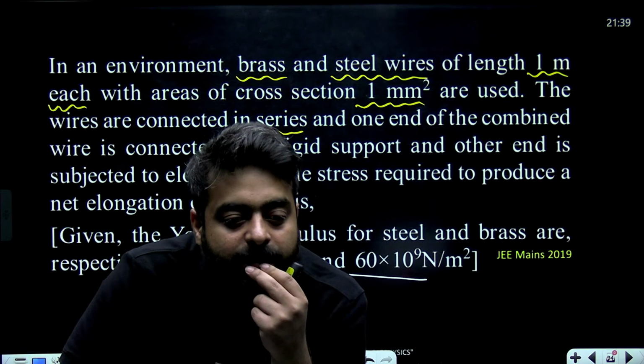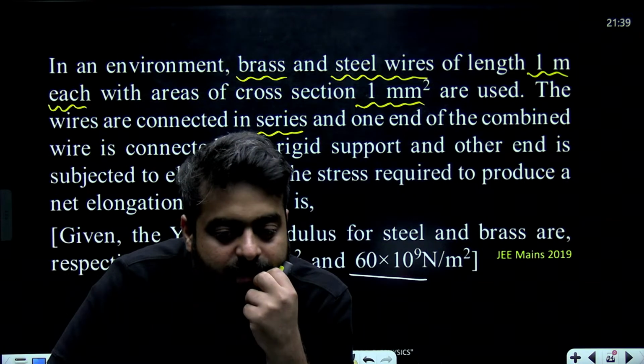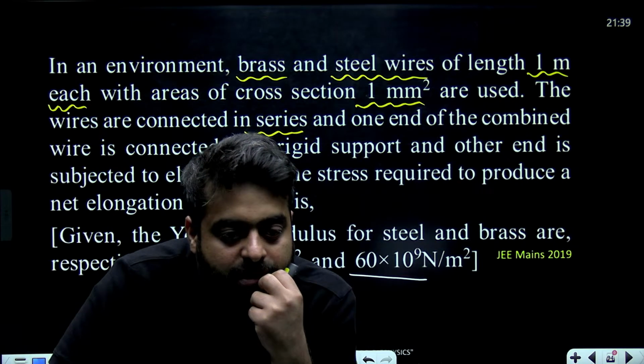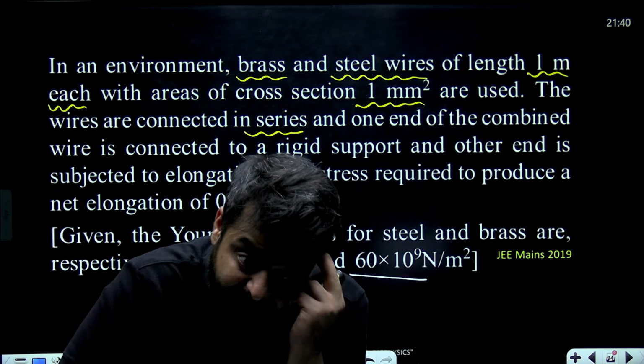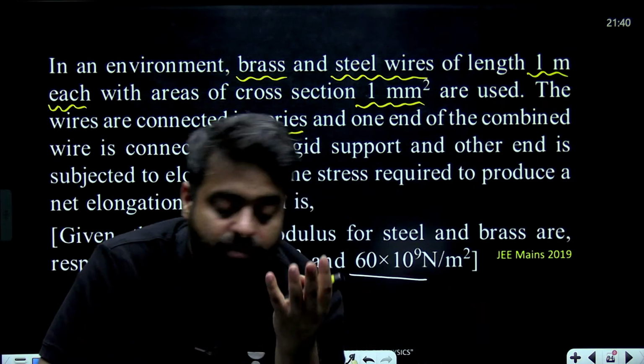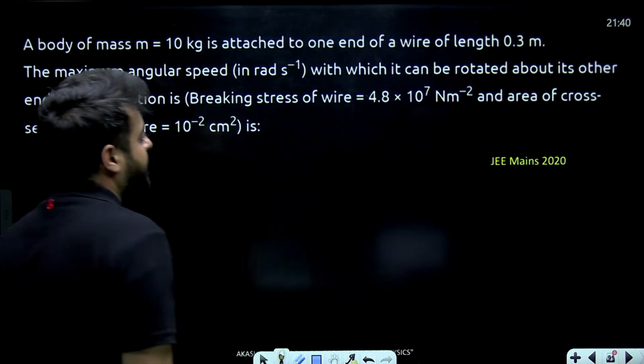So that is the concept of spring equivalency, like how you can make the springs equivalent. Now we'll come to the energy density. You can say energy stored, all the parameters there.